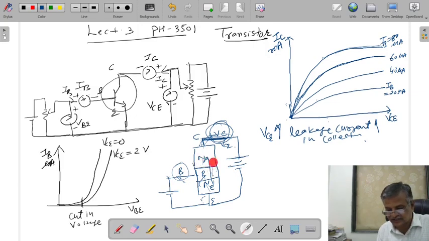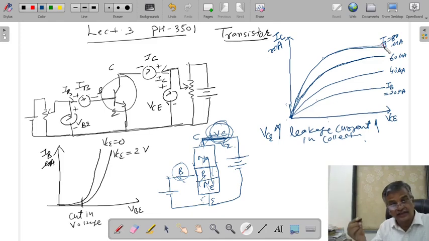So as this reverse bias voltage increases, leakage current increases, and as a result the current flowing in this section increases. So there is a little increase in the collector current because the leakage current is of the order of microampere. So a very small increase in current takes place.